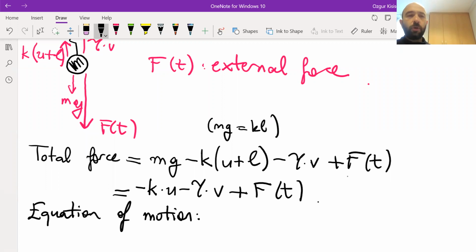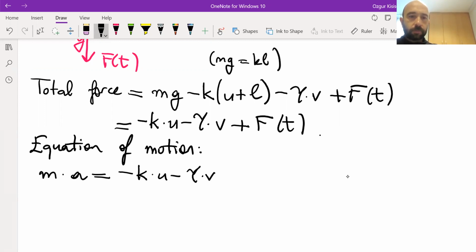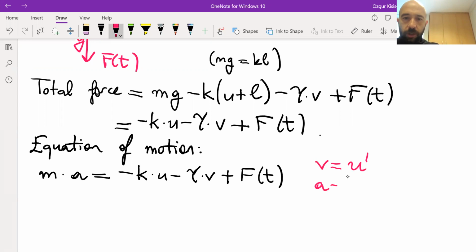Now we are ready to write the equation of motion. We use Newton's law. The total force on the object is equal to mass times the acceleration of the object. Now we can use the relations v equals u prime and acceleration equals u double prime.